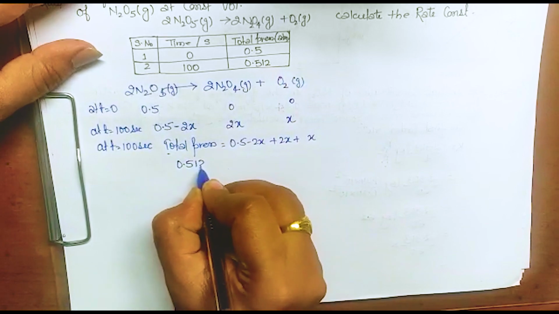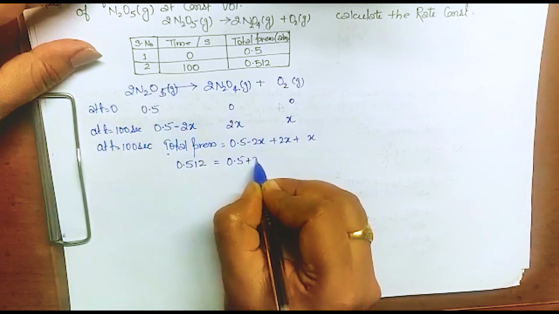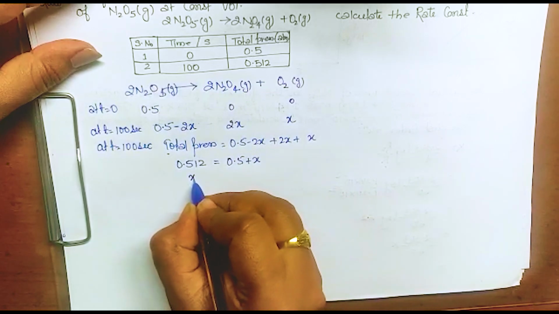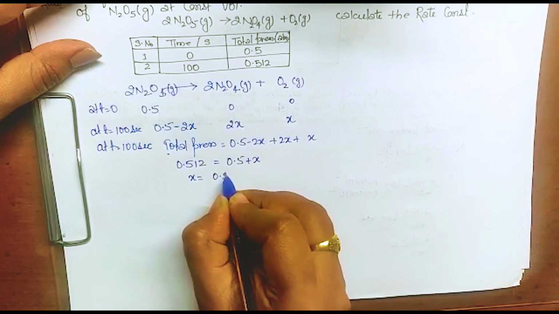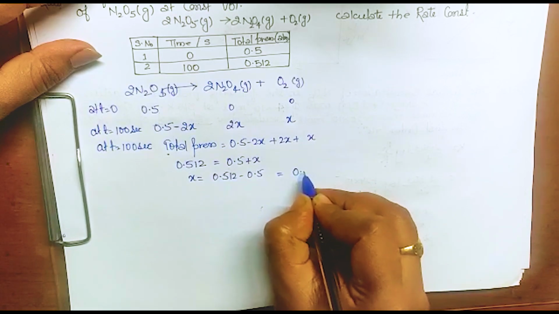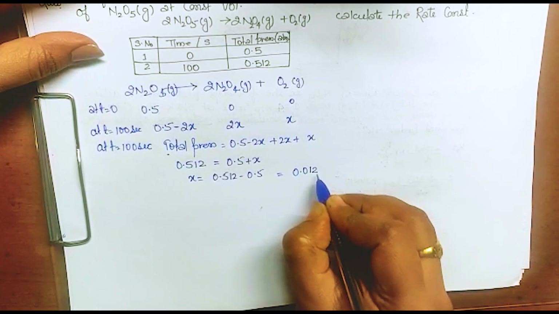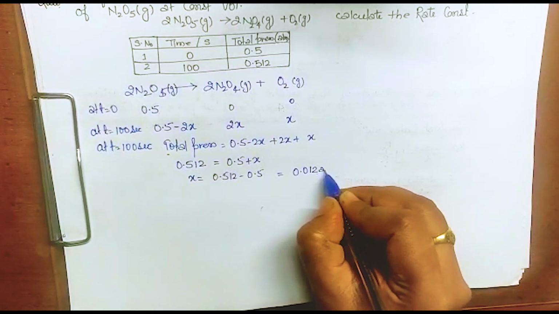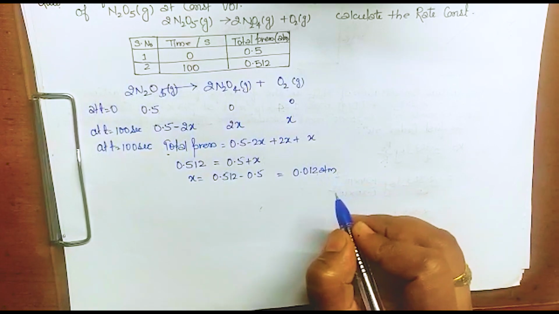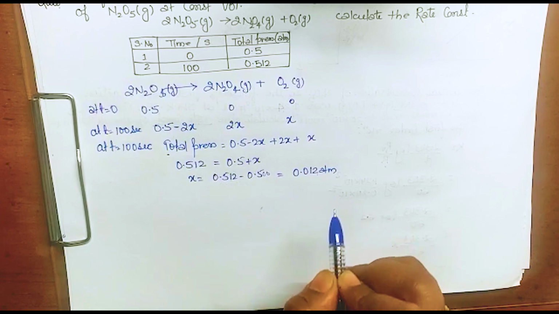So 0.512 is equal to, this cancels out, 0.5 plus x. So x is equal to 0.512 minus 0.5, which is 0.012 atm. Got it?